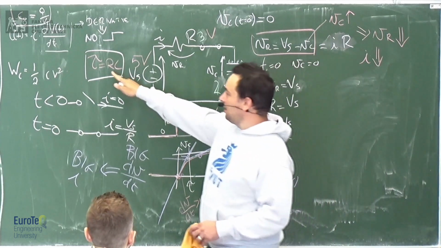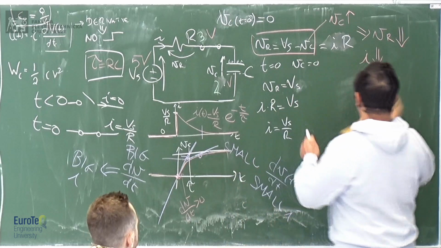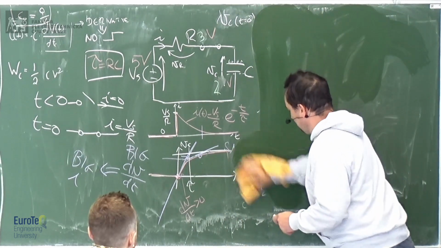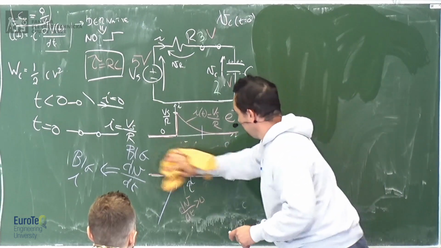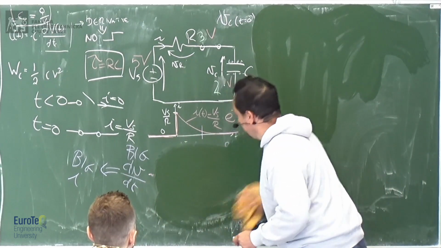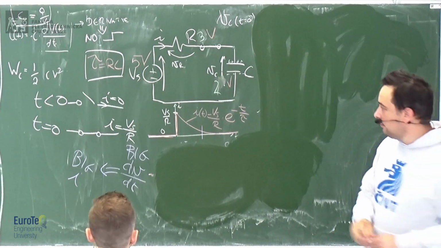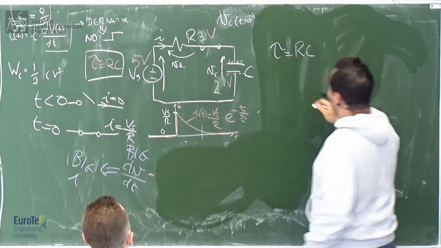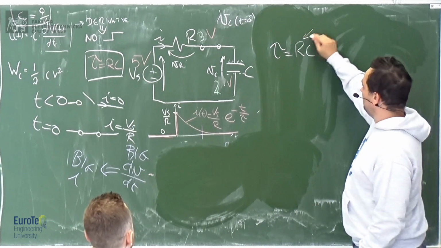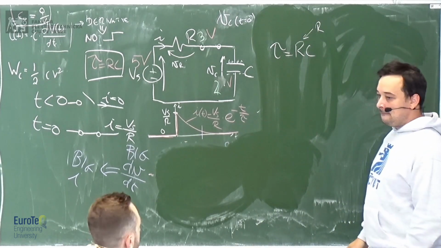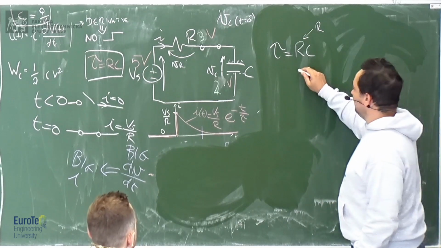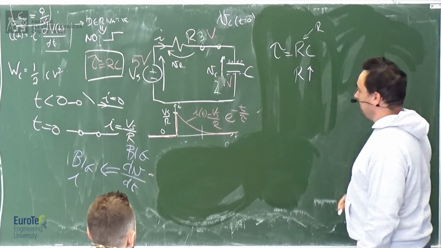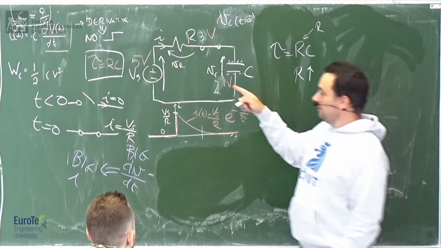Tau is given by RC, okay? What happens if we change R? Tau changes. Let's say that R gets bigger. In this circuit, how is the current going to be?